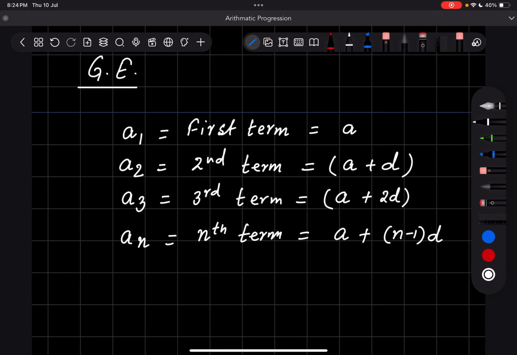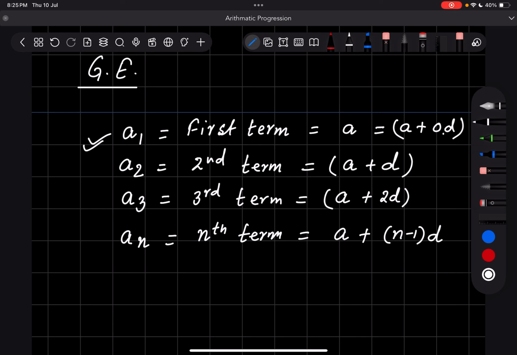See, when we were writing the first term, we wrote it as a, that you can also say as a plus 0d, 0 times d. Now when you were writing the second term a2, you had to add d for the first time.